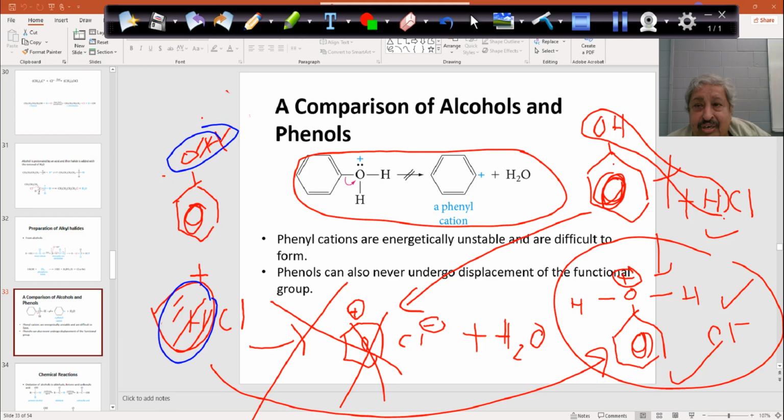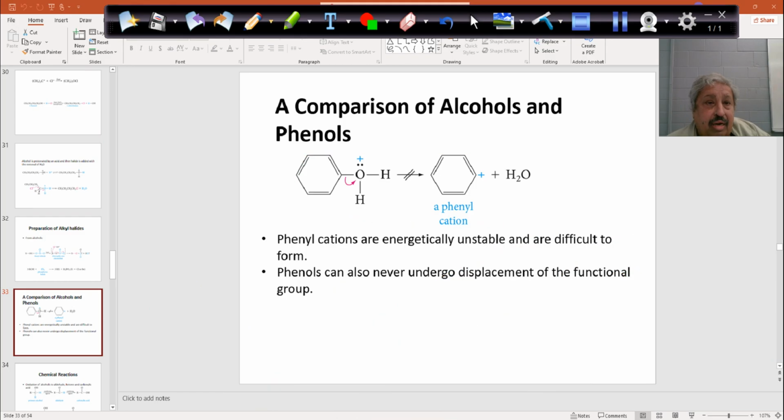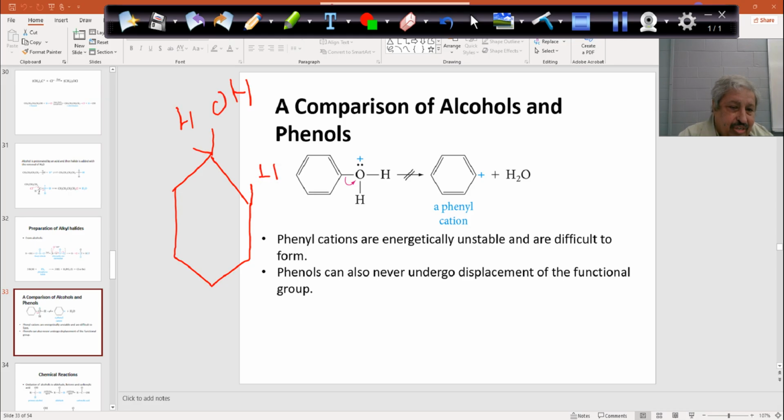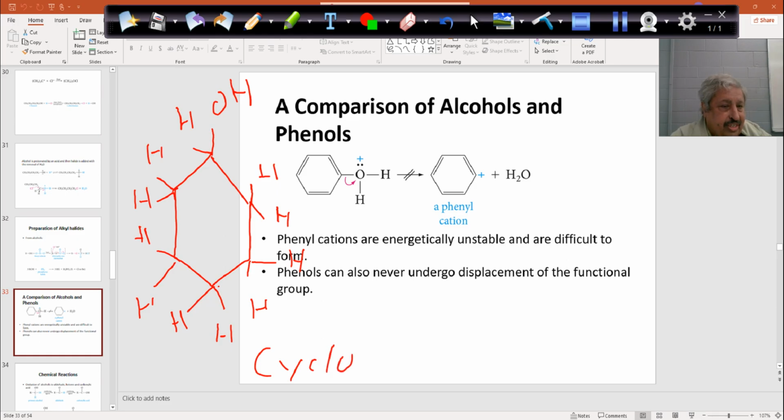However, if I put the cyclohexanol, that's doable. The stability is not comparable with the phenols. So if I have something looking like this, cyclohexanol is OH, H, then each carbon has 2 hydrogens, H, H, H, H. This is called cyclo, 6 carbons, correct?